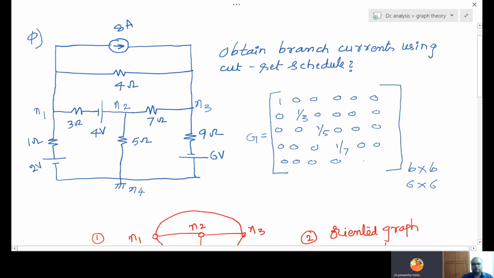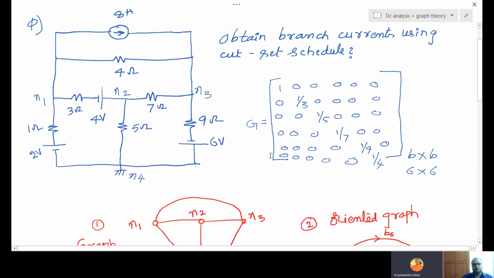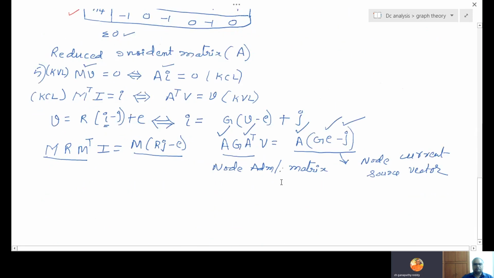Fifth one, 1 by 9. Then 0. Sixth one, 1 by 4. So all conductances are coming on the diagonal of G matrix. That's how you write the G matrix.